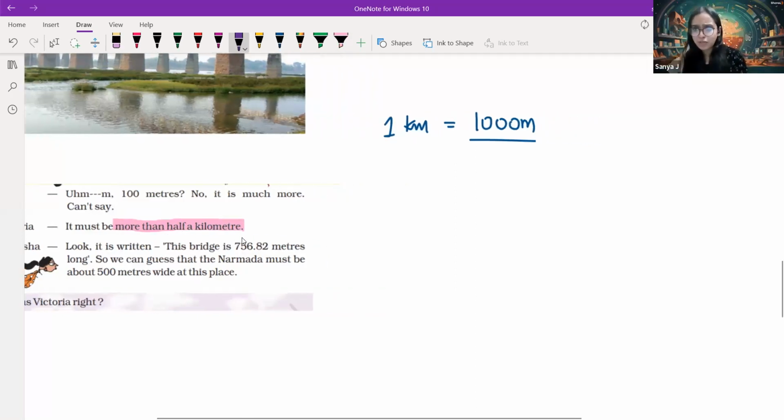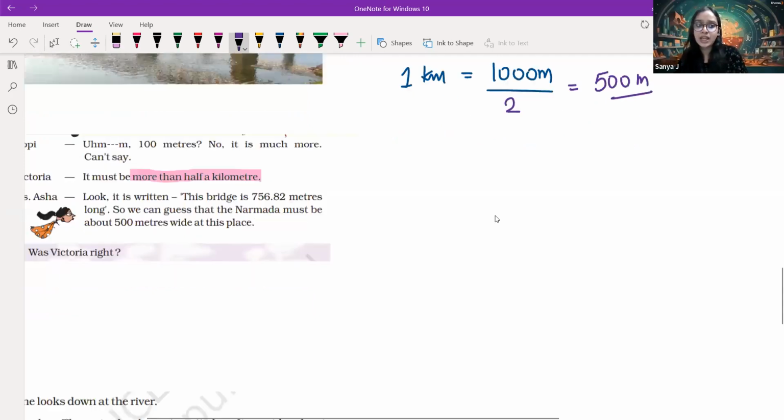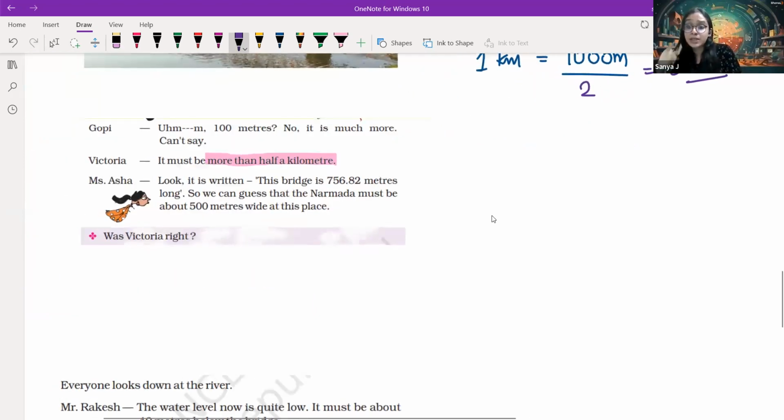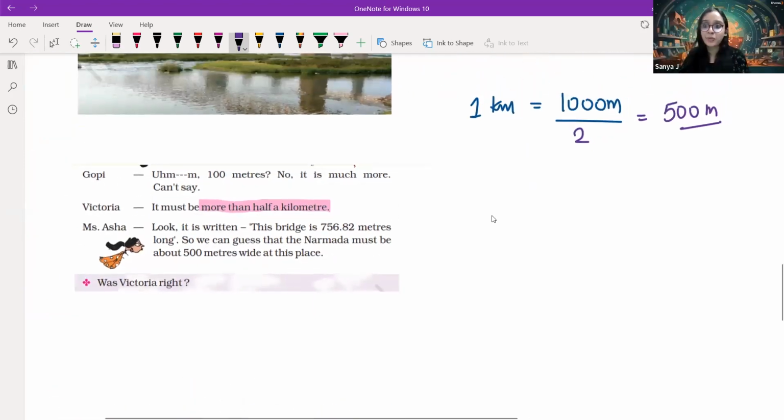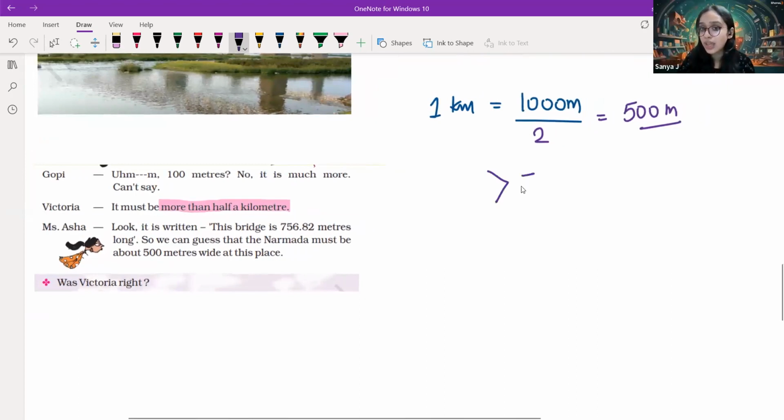Now, what is half of anything? For half, we divide that number by 2, and 1000 divided by 2 gives us 500 meters. Correct? Yes. Now Victoria says that it must be more than half a kilometer, that is, more than 500 meters. Got it till now.